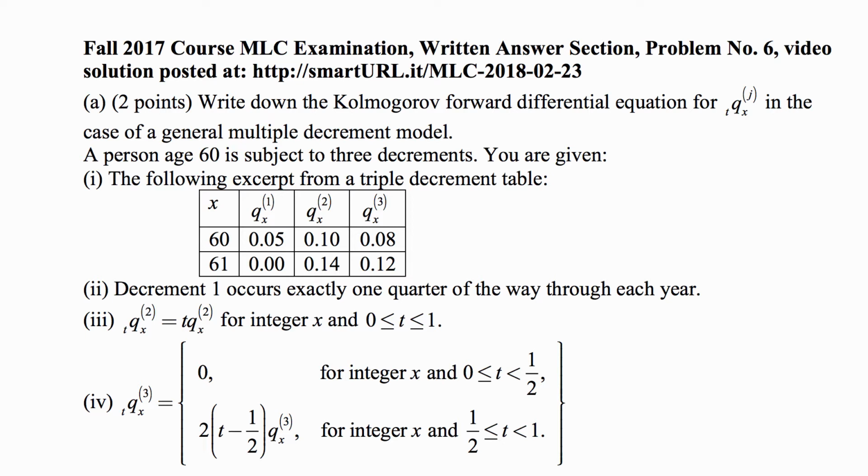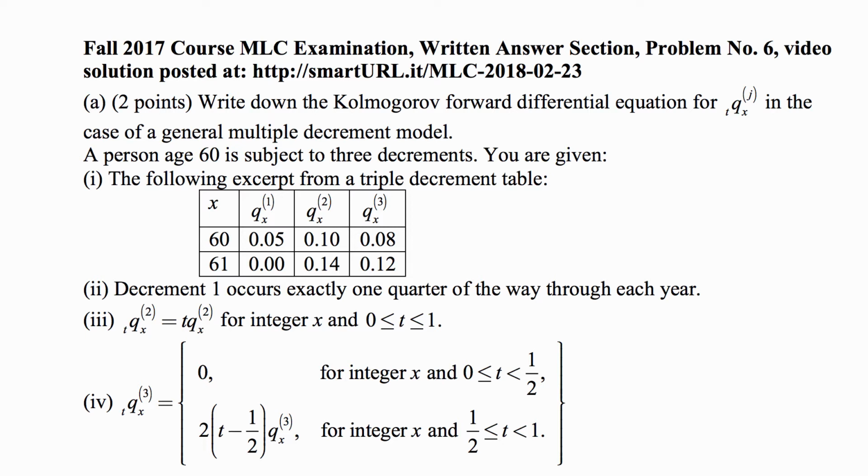t q x upper 2 is t times q x upper 2, for integer x and t between 0 and 1. Of course, this is simply saying that there's uniform distribution of deaths for this decrement causing those deaths. That's decrement 2. And decrement 3 has a specific formula.